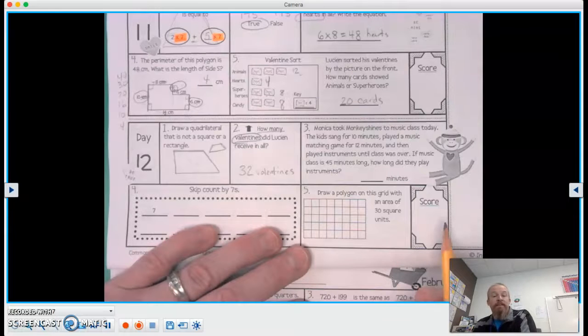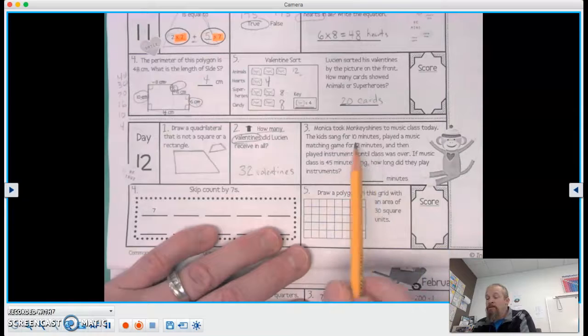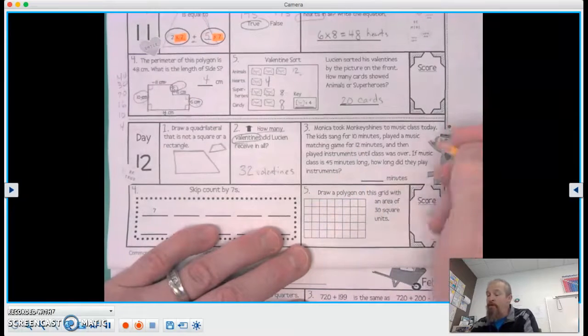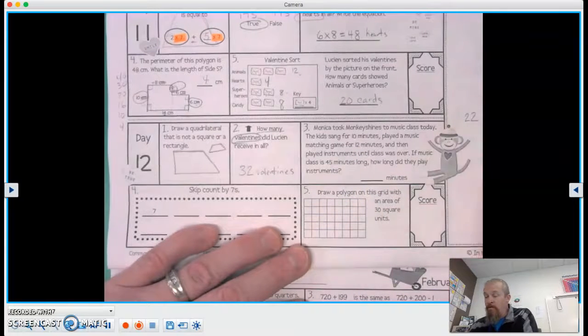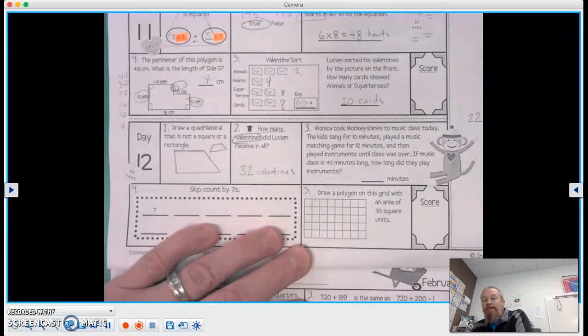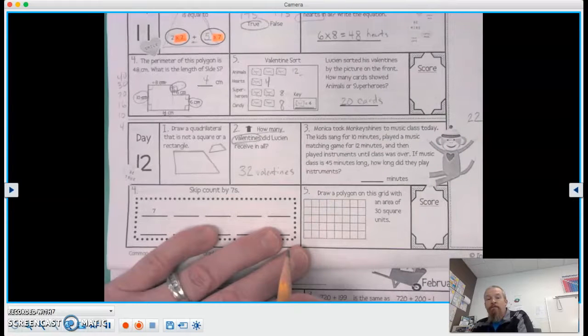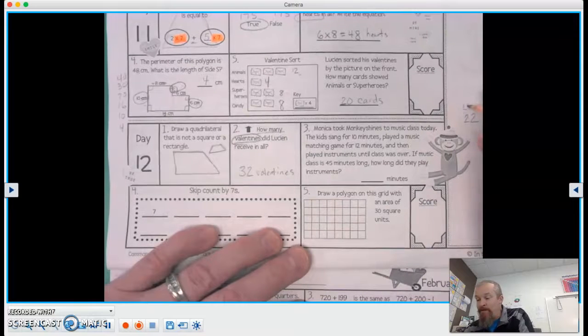So again, they sang for 10 minutes and played a game for 12 minutes. So 10 plus 12 equals 22. Okay? The rest of the time, they played a musical instrument. So the class is 45 minutes long.